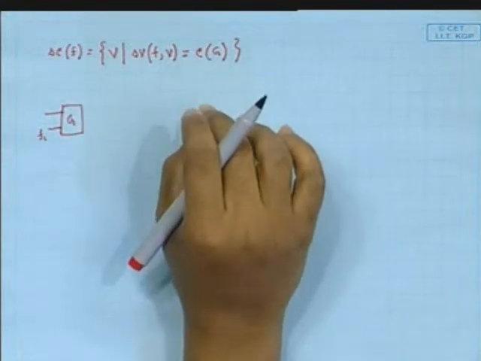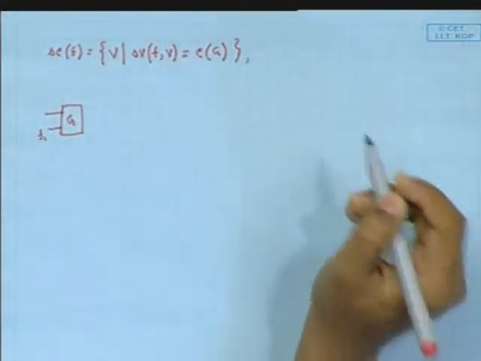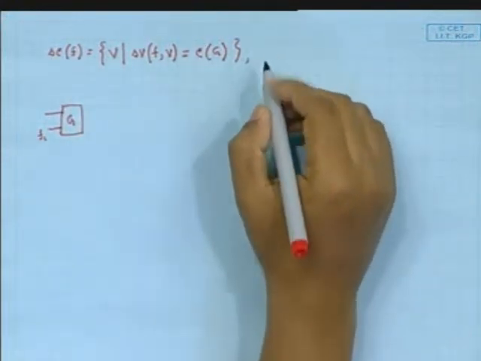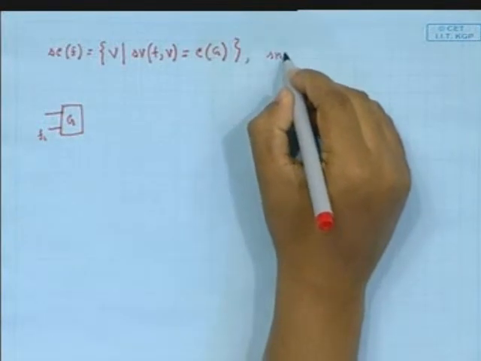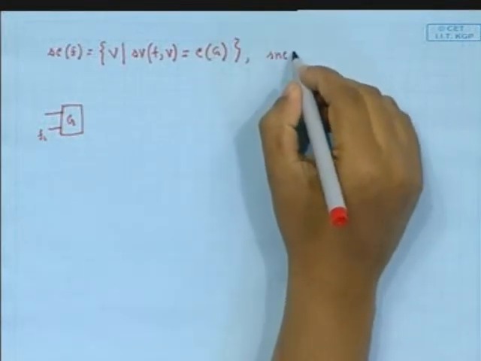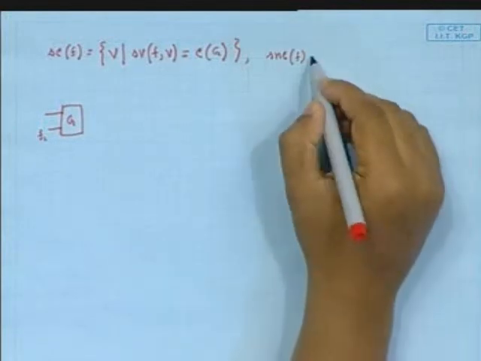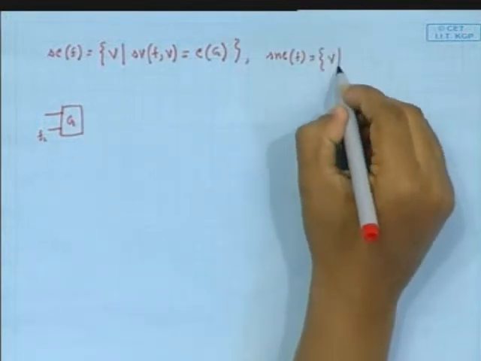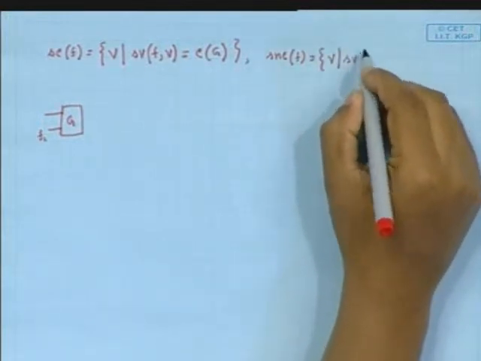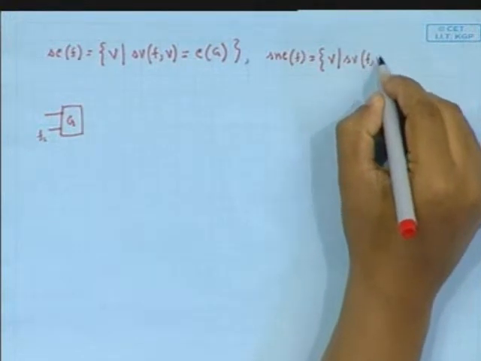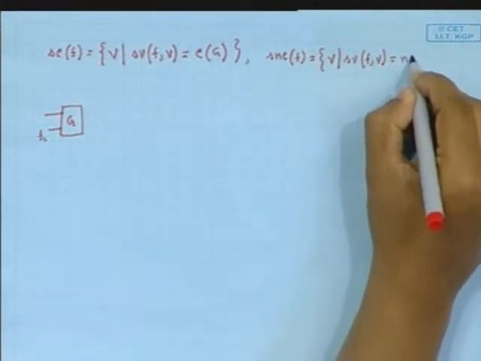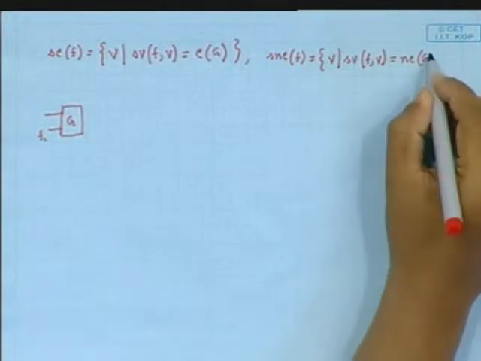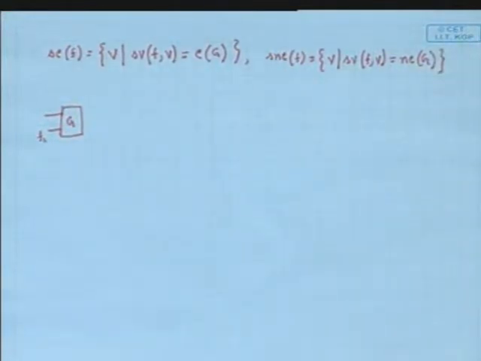Now I am defining the stable non-controlling value of node F, that is the set of vectors for which the stable value of node F is the non-controlling value of the gate. Everybody is okay? I am just defining these terms here mathematically.